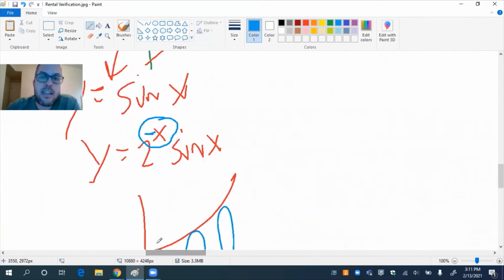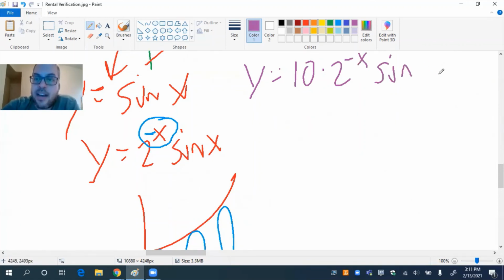So that would mean that I'm going to have, let's have a starting point of something greater. Let's do y equals, I don't know, how about 10 times 2 to the power of negative x times sine of x.